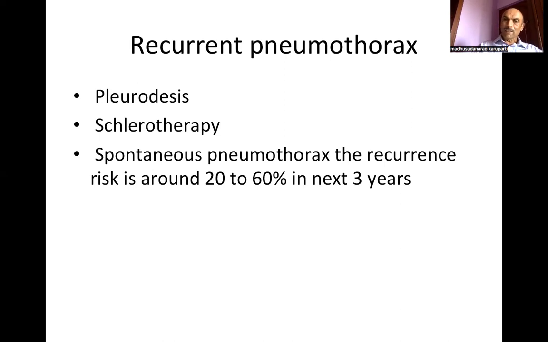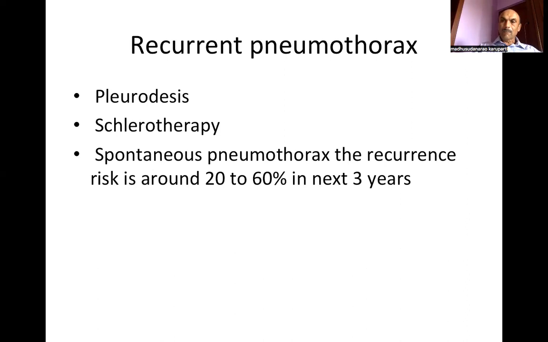When you come across a patient with spontaneous pneumothorax who improved very well with spontaneous resolution, and you plan to discharge, counsel him that there is a risk of recurrence for a period of 3 years.